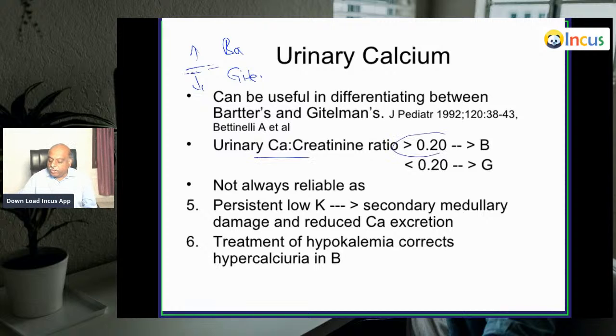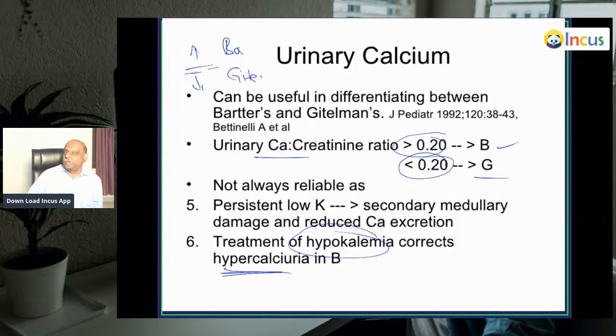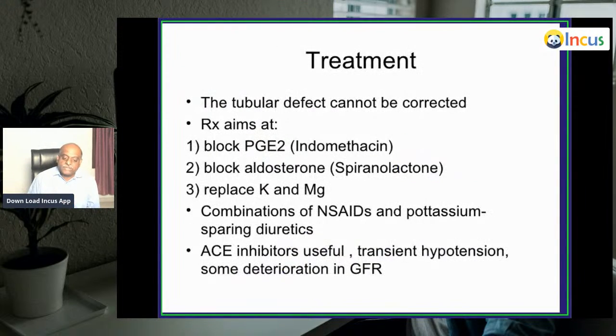If it is more than 0.2, it is Bartter, less than 0.2, it is Gitelman. So that is the point you need to understand. Another thing, if you treat hypokalemia, it will correct the hypercalciuria in the case of the Bartter. So these are some of the important points that you need to understand.